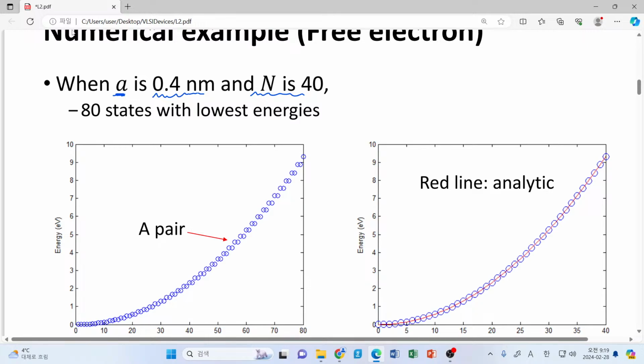You expected 1 million or 1 billion, but unfortunately, using my laptop, I cannot perform such a huge system. So I just restricted myself to number 40. So we have 40 cells, and I applied the periodic boundary condition.